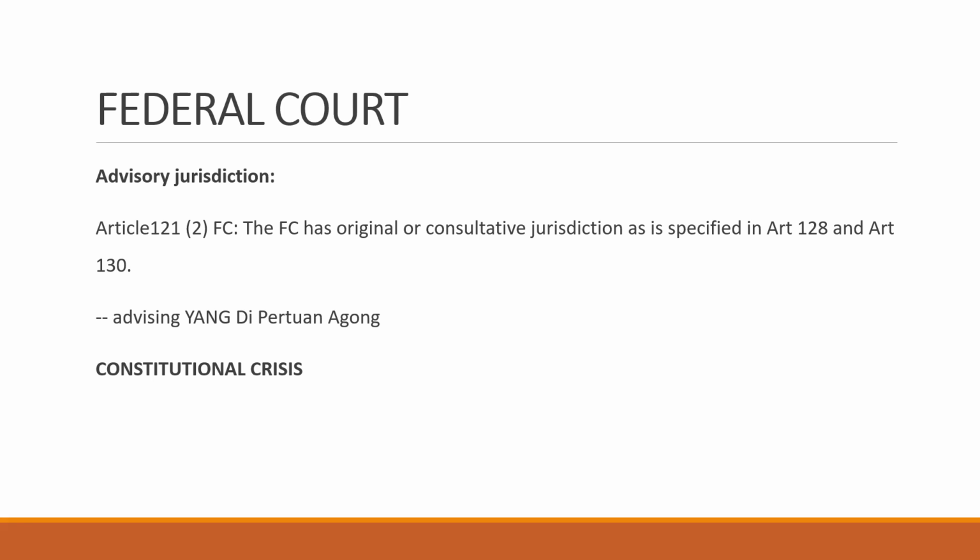So in the matter that is relating to the constitution, okay, Article 121 Sub-Rule 2 provides that Federal Court has original or consultative jurisdiction specified in Article 128 and Article 130.